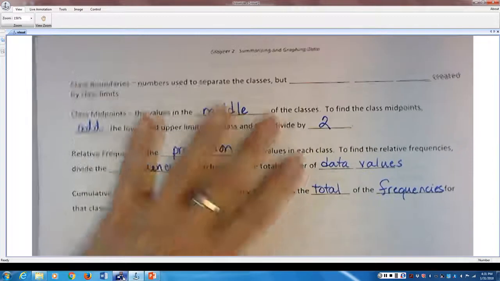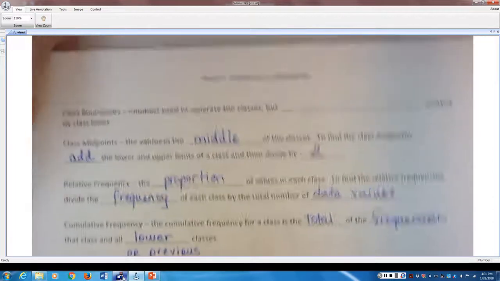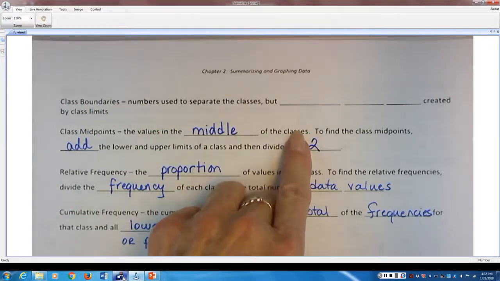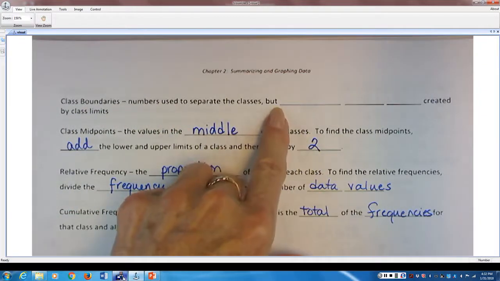Class boundaries, and this looks like it's asking for 3 separate words, and there's a lot of different ways I could explain this. Class boundaries are the imaginary dividing line between 2 classes. Okay? They're created by the class limits, but they're created by adjacent class limits.